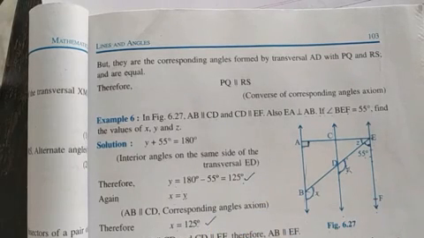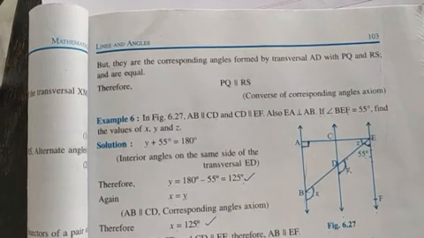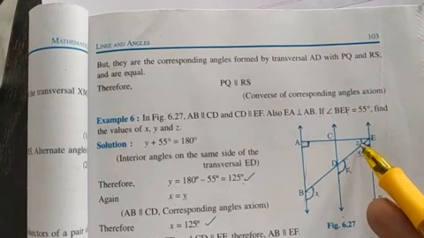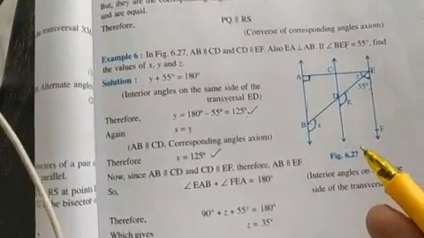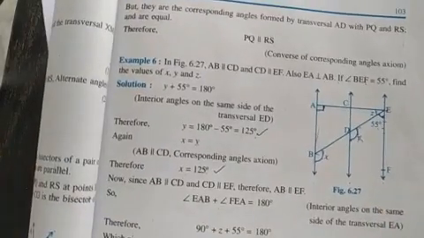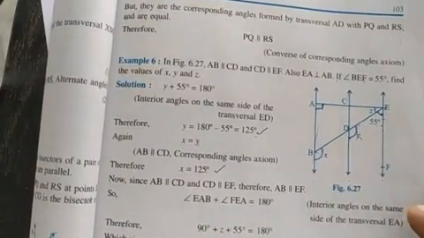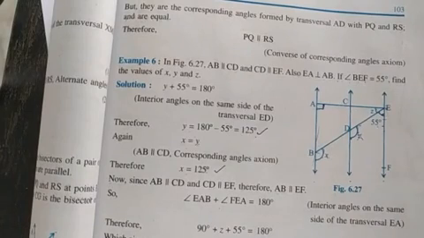And now the last thing is to calculate the value of z. Okay, now it's the turn to calculate the value of z. Clear? Today we will finish this video after completing this example.